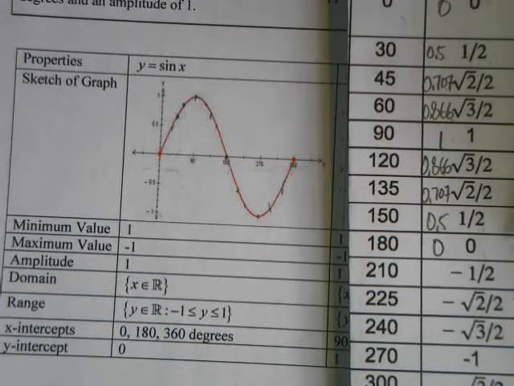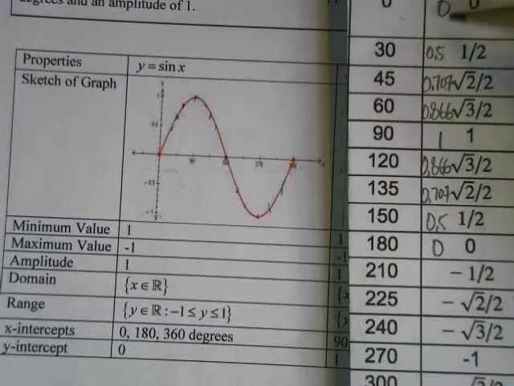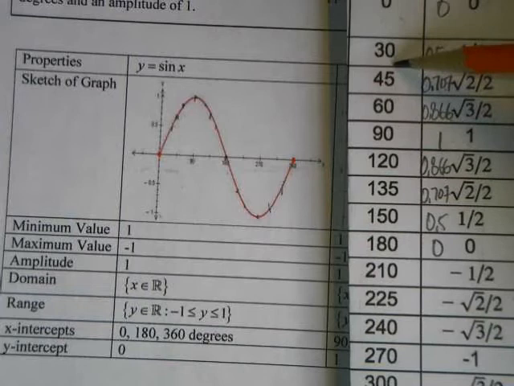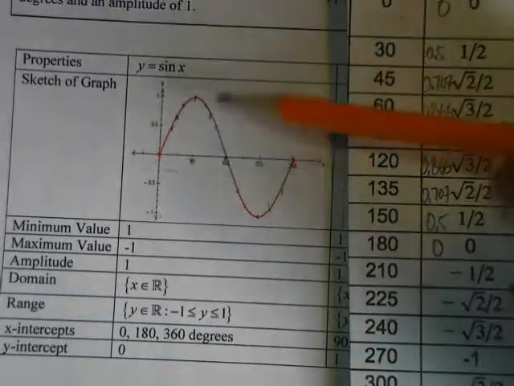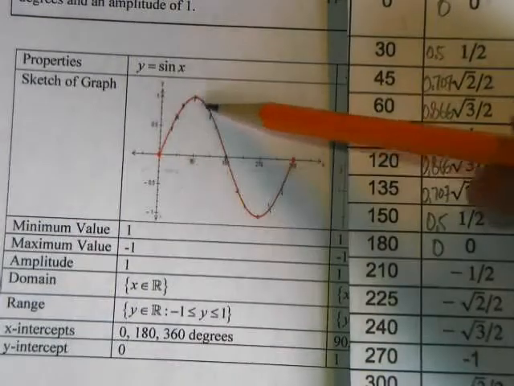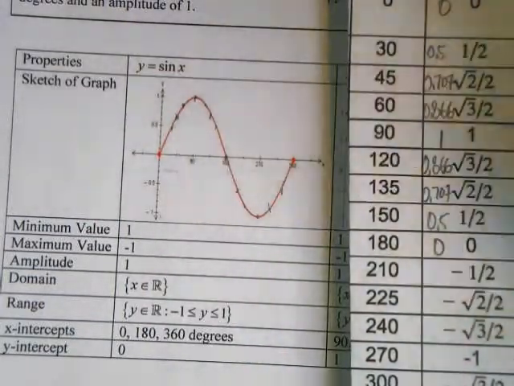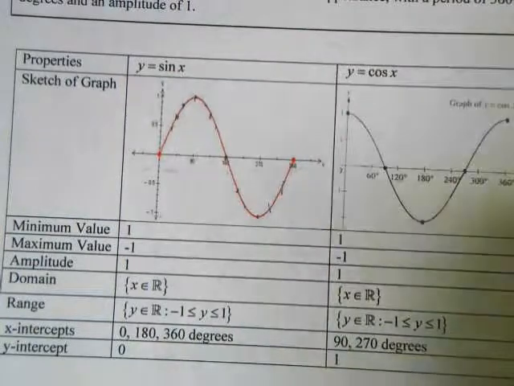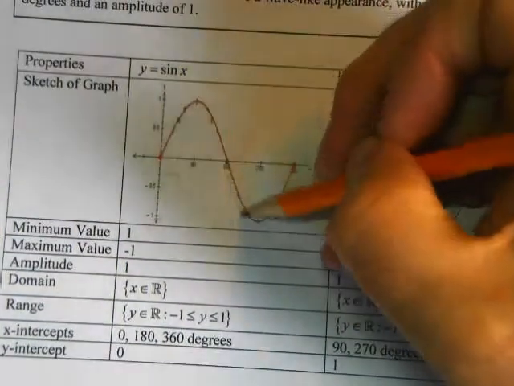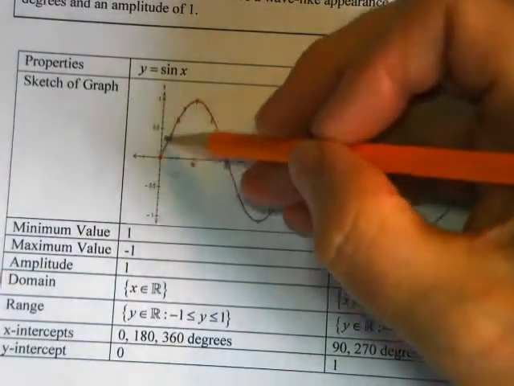Now we could make this a little bigger, maybe go outside these values. We could use a calculator and find, say, 70 degrees or 20 degrees, but you'll see those points also lie right on this curve. So once we get enough points, which I think this is enough, we can then just sketch our curve. You can see it's a nice smooth flowing curve.